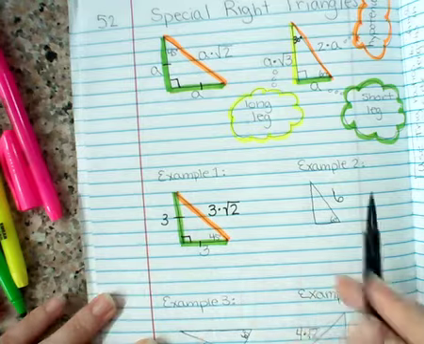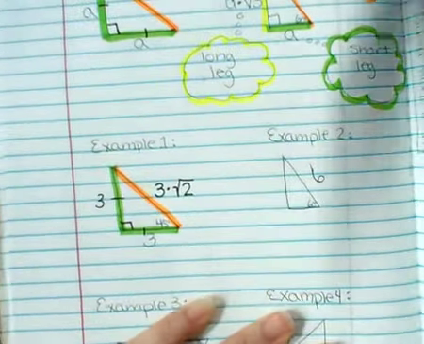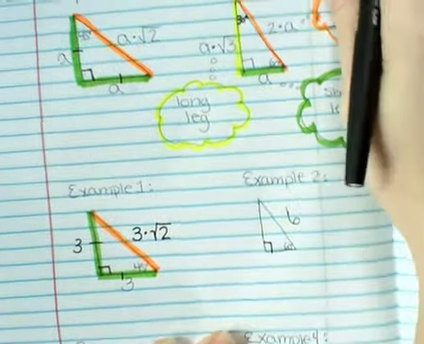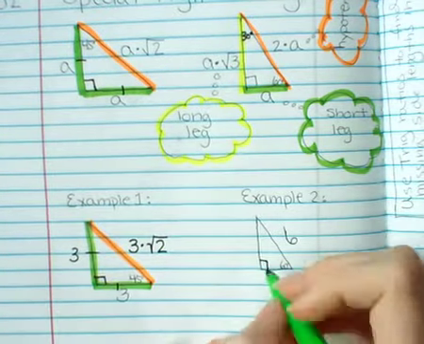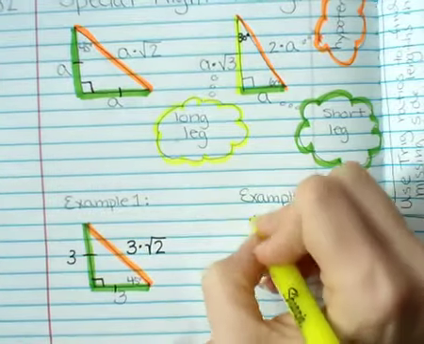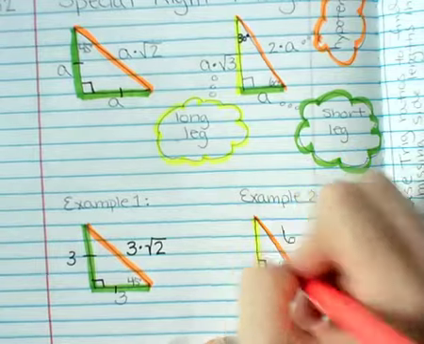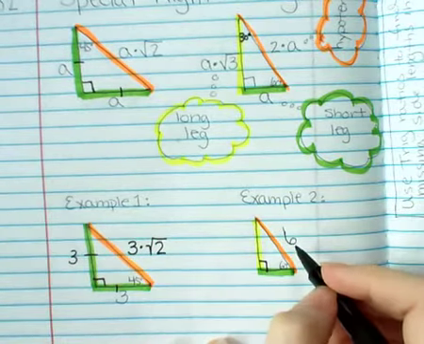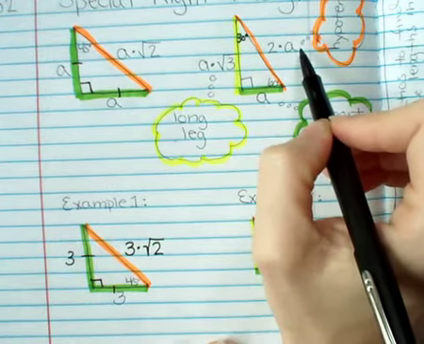All right, let's go on to example number 2. In this example, we have a 60-degree angle marked, so we know we will be using the second special right triangle. And I like to go ahead and mark my short leg, my long leg, and my hypotenuse so that I know exactly what I need to do. In this example, they've given us the hypotenuse, and we know that the hypotenuse was 2 times whatever our short leg was.